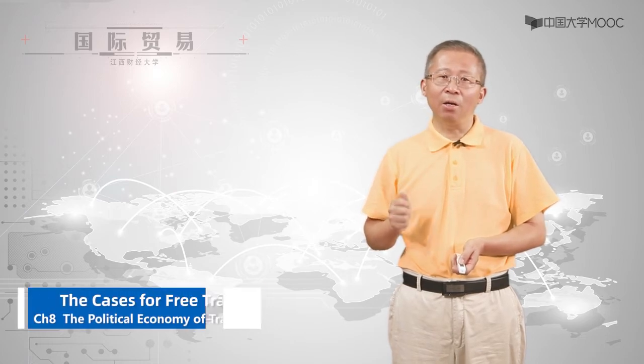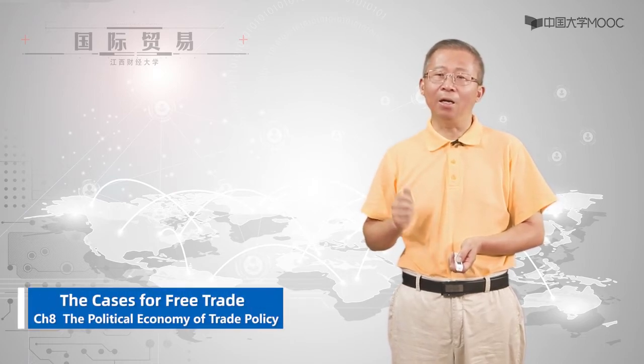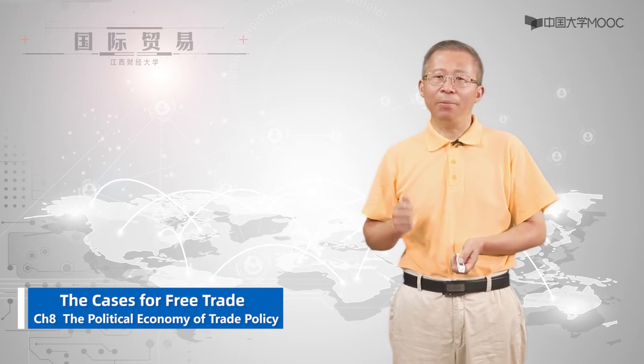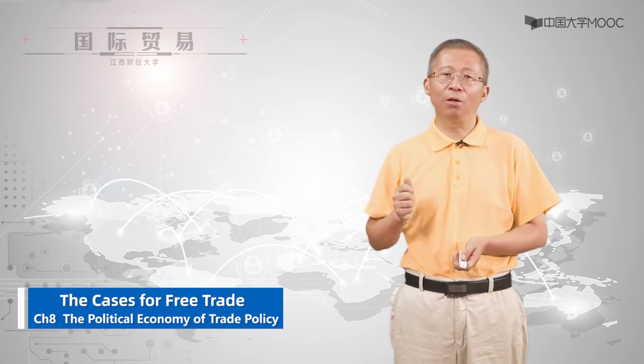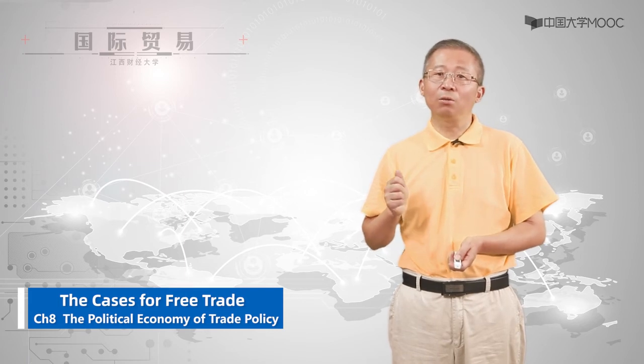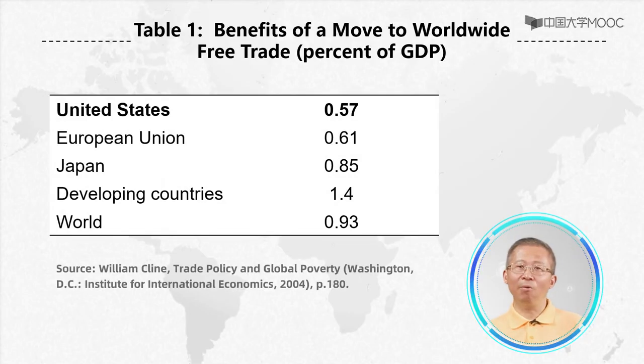In the modern world, for various reasons, tariff rates are generally low and import quotas relatively rare as a result. Estimates of the total cost of distortions due to tariffs and import quotas tend to be modest in size. Table 1 shows one fairly recent estimate of the gains from a move to worldwide free trade, measured as a percentage of GDP.